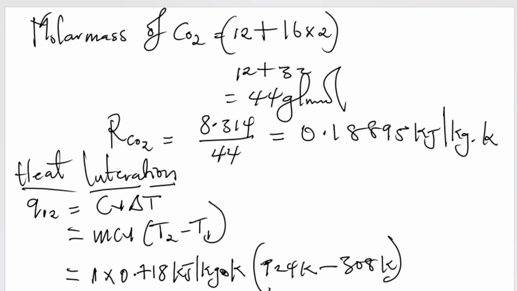Because Kelvin will cancel out the Kelvin here, and you're left with kilojoules per kilogram. Now this kilogram will be removed by the kilogram of the mass here, and you're now left with kilojoules. That's why we have the unit for your Q12 to be 442.3 kilojoules.